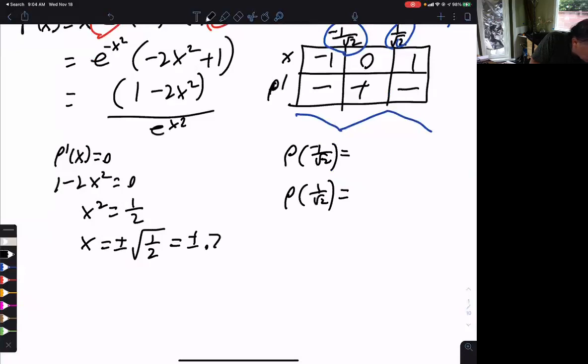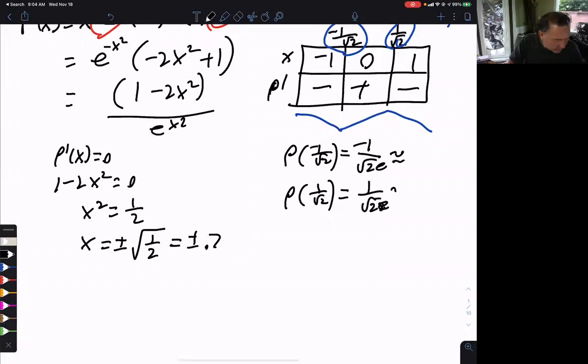So you're going to get something. I'm looking for it. I'll find it. Okay, I'll get the decimal approximation. It's 1 over radical 2e negative and 1 over radical 2e positive.